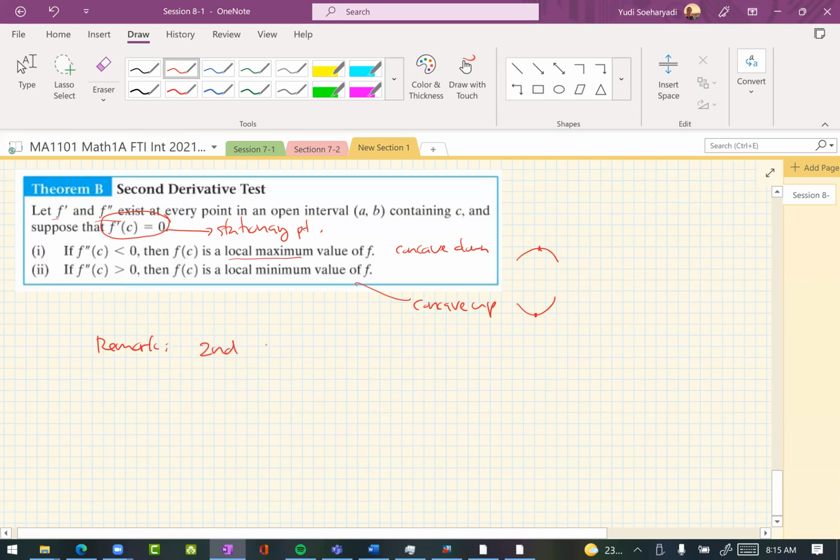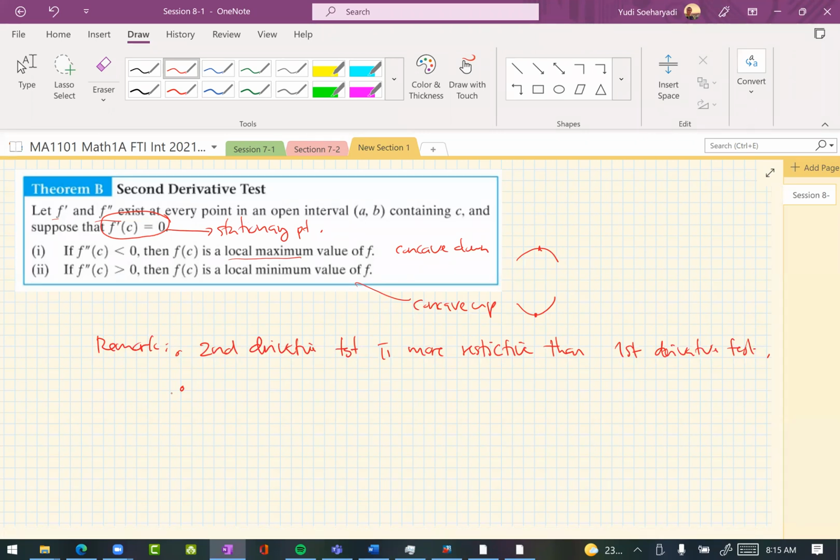The second derivative test is more restrictive, and it also does not cover singular points.